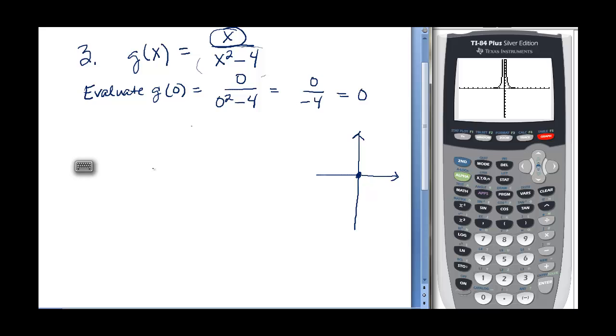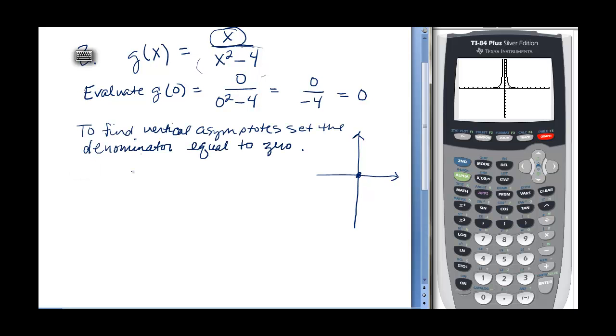To find the vertical asymptotes, we just set the denominator equal to 0 and solve. This should look very familiar to what we did when we were talking about quadratics.